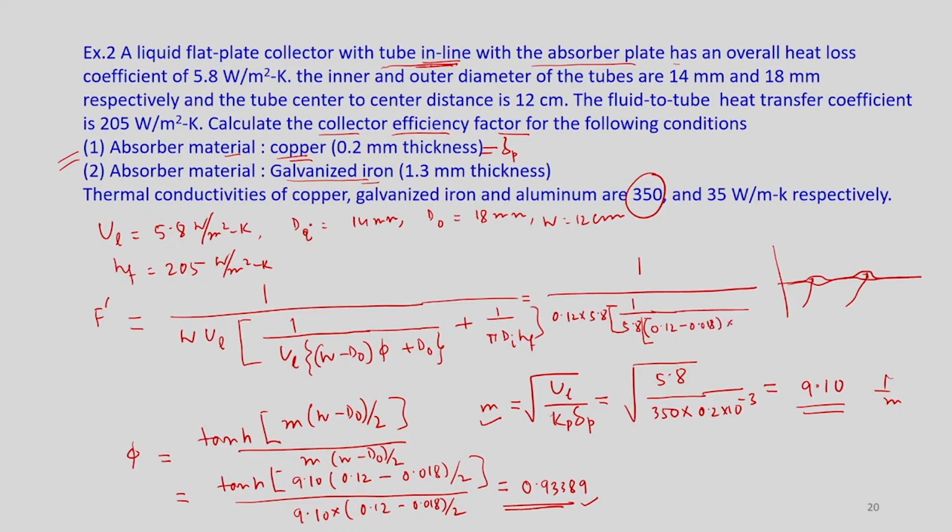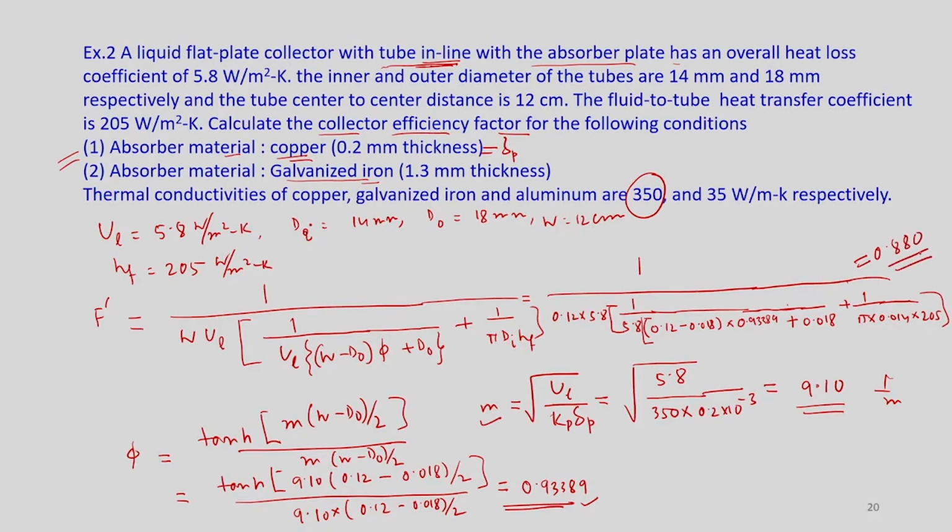Then phi, which we got already, 0.93389. Then D naught, the value of D naught here is 0.018. Then plus 1 by pi di, which is 0.014 into HF is 205.